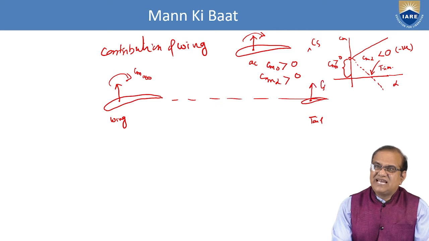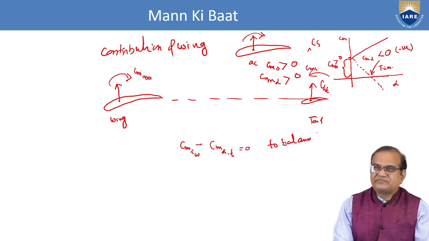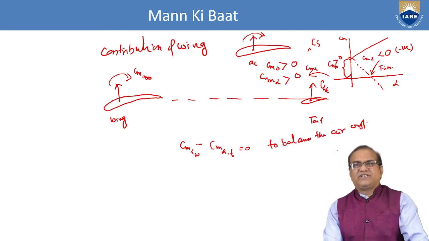This is called CLT, and this is called CMT. So the Cm alpha of the wing and the Cm alpha of the tail should sum to 0 to balance the aircraft. This we have discussed.